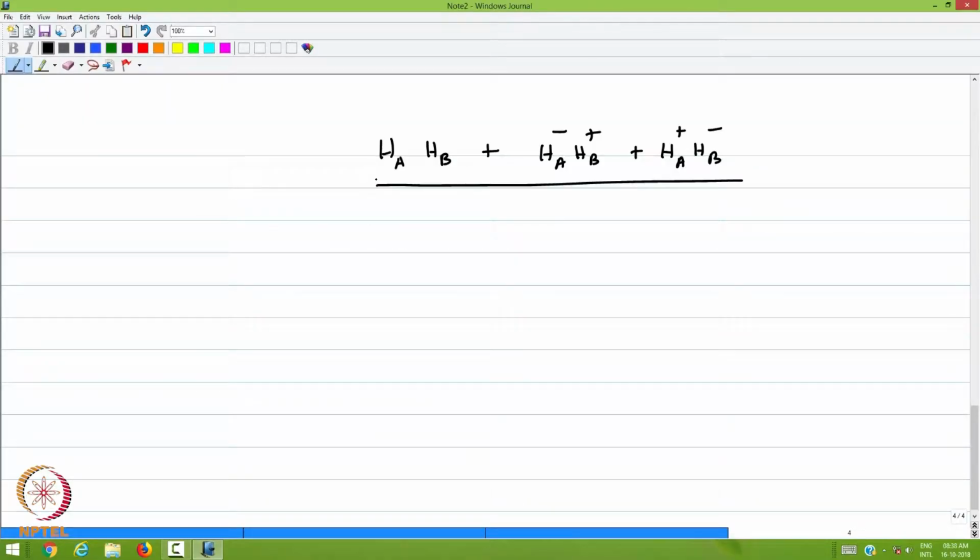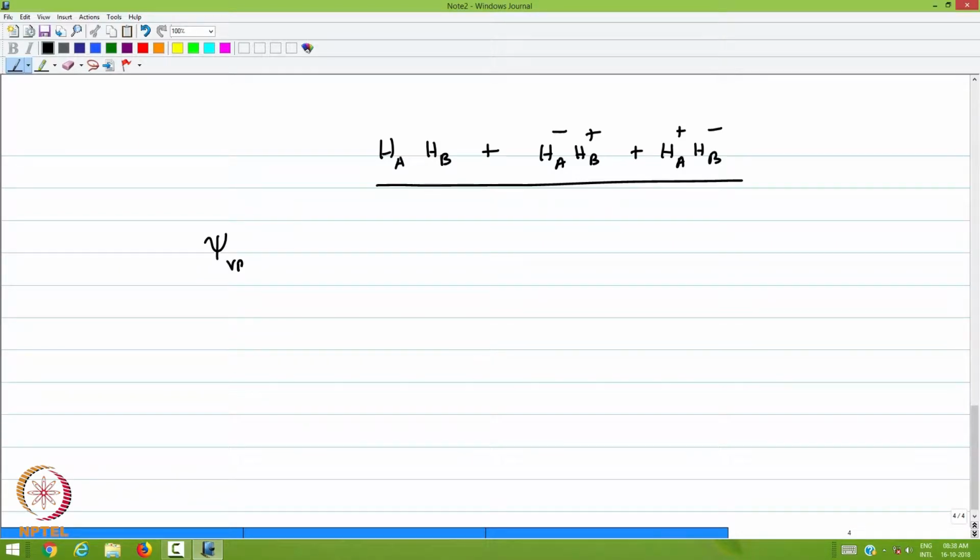All of them are considered to have the same probability. That is not very physical, and we believe that the electrons are more equitably distributed than having this kind of equal probabilities. Valence bond theory corrects this by introducing a small parameter.